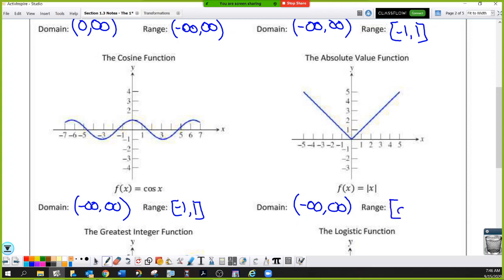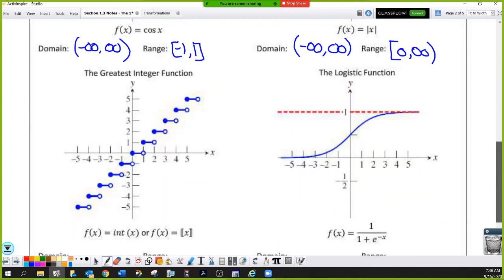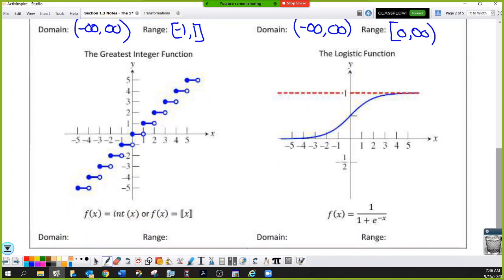That means you're going to go from 0, including 0, up to positive infinity. And then the last two, this is probably the first time you have ever seen these last two. The last two should be the only new ones. They are the greatest integer function, also known as the floor function, and the logistic function.